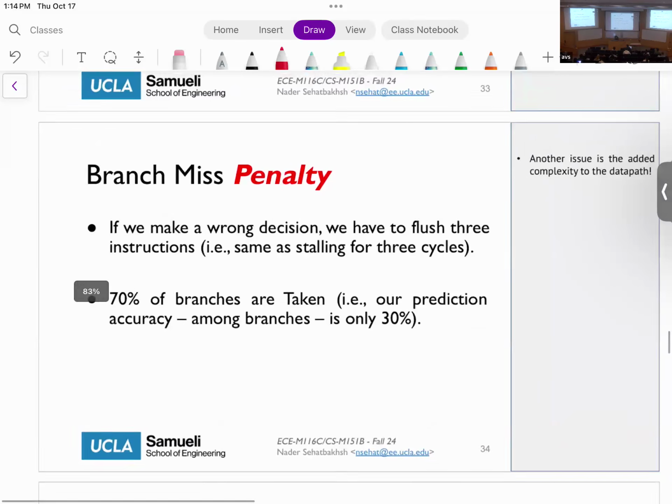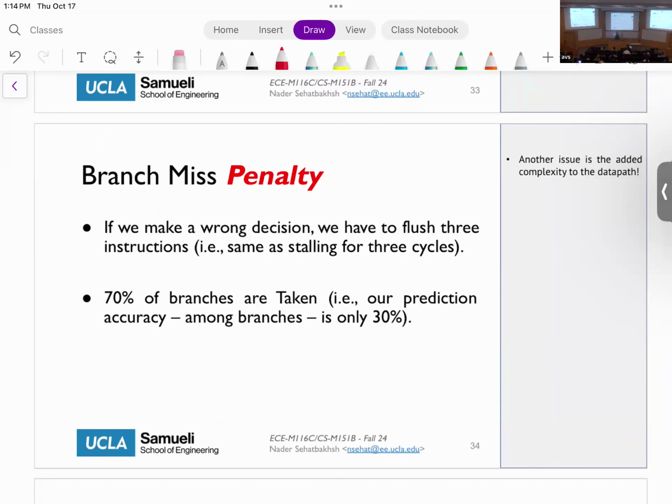So let's talk about what we call the branch miss penalty, okay? What is the penalty of doing this flushing? Again, as you can see, if we make a wrong decision, we need to flush 3 instructions. This is as if we are stalling the processor for 3 cycles, right?